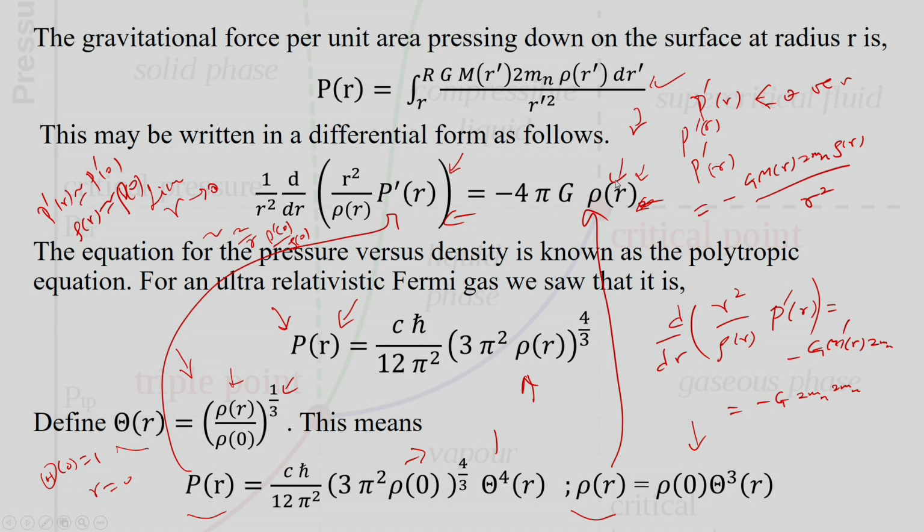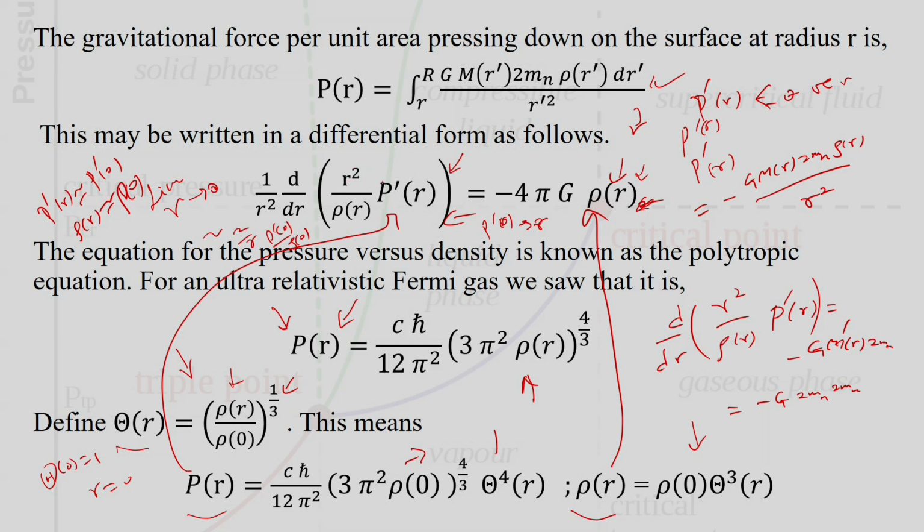What this is telling me is that p dash 0 should tend to 0, that is, p dash r should tend to 0 in the limit as r tends to 0 in such a way that p dash r is proportional to r. So from here you can conclude that p dash r has to be proportional to r as r tends to 0. It is a little bit tricky, you should think about it more deeply.